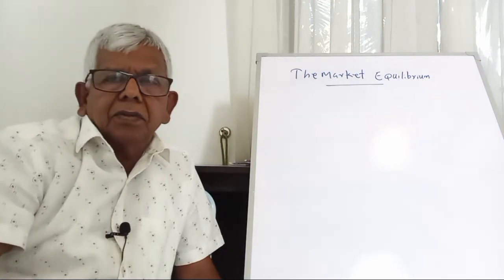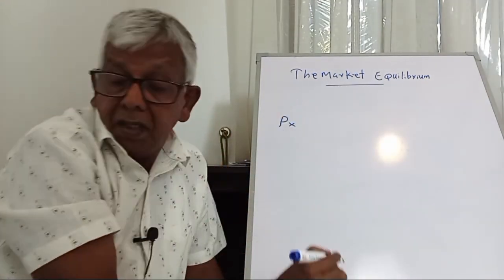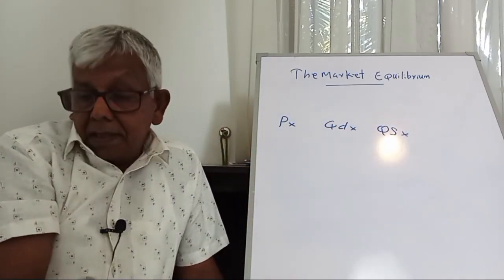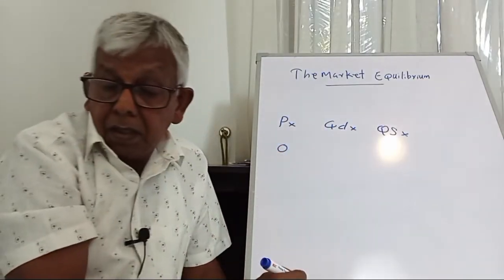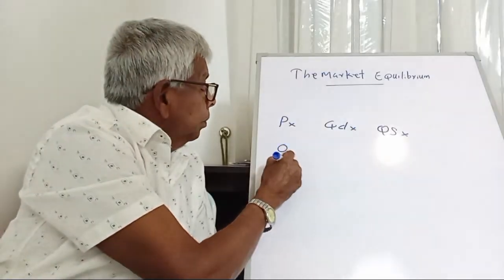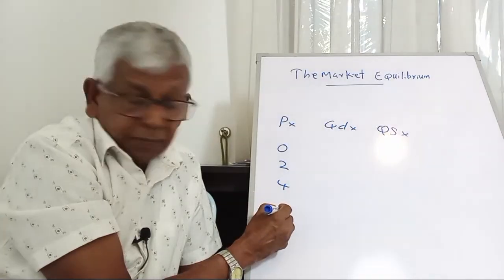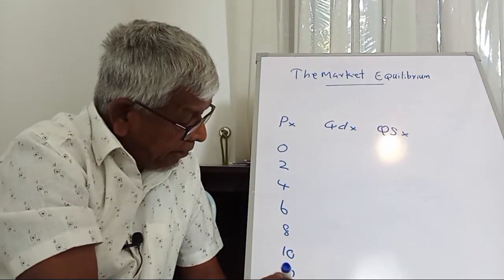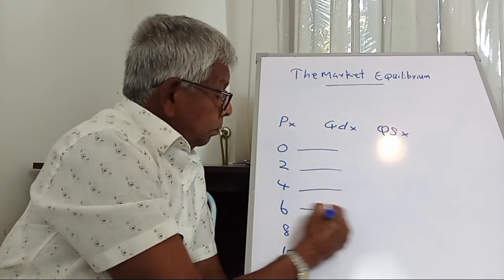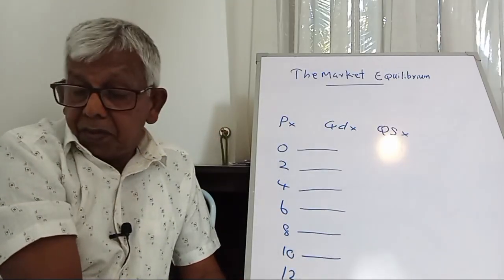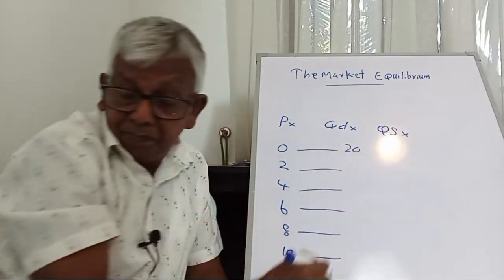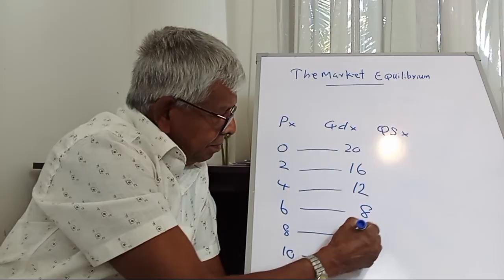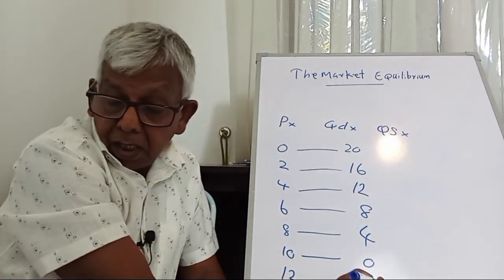Px: 0, 2, 4, 6, 8, 10, 12. Qdx: 20, 16, 12, 8, 4, 0, minus 4.